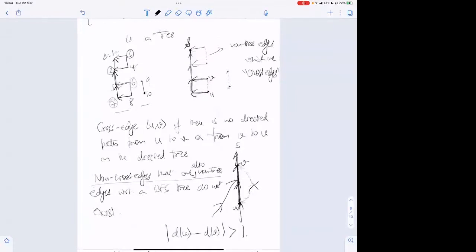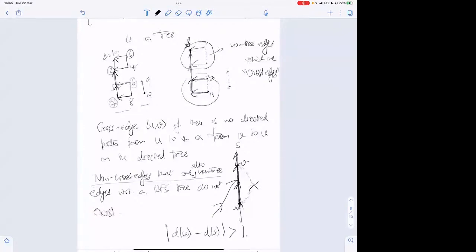This along with the tree path will give you a cycle. This is a cycle. Similarly, this is a cycle. Correct? Do you see my point? Yes, sir. Every non-tree edge with respect to a tree witnesses that the graph has a cycle.